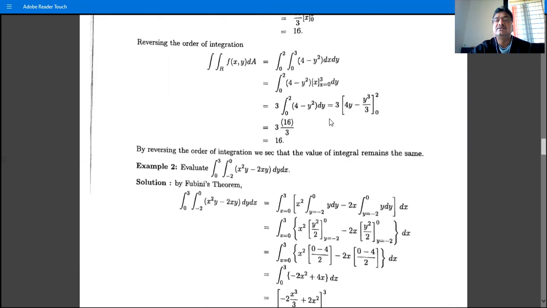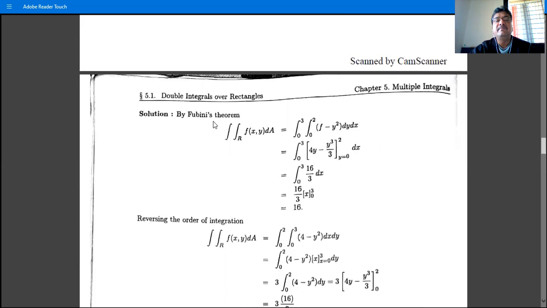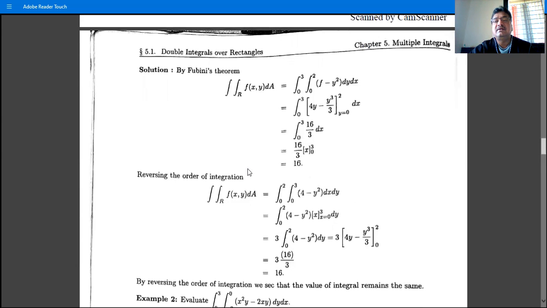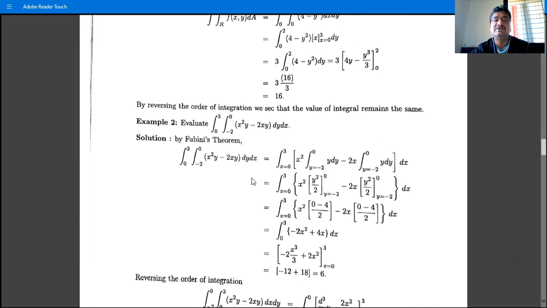And that's why, what is the strong form of Fubini's theorem? If the limit of y is in terms of a variable, then integrate with respect to y first, and if the limit of x is in terms of a variable, then integrate with respect to x first. So that is Fubini's strong form.